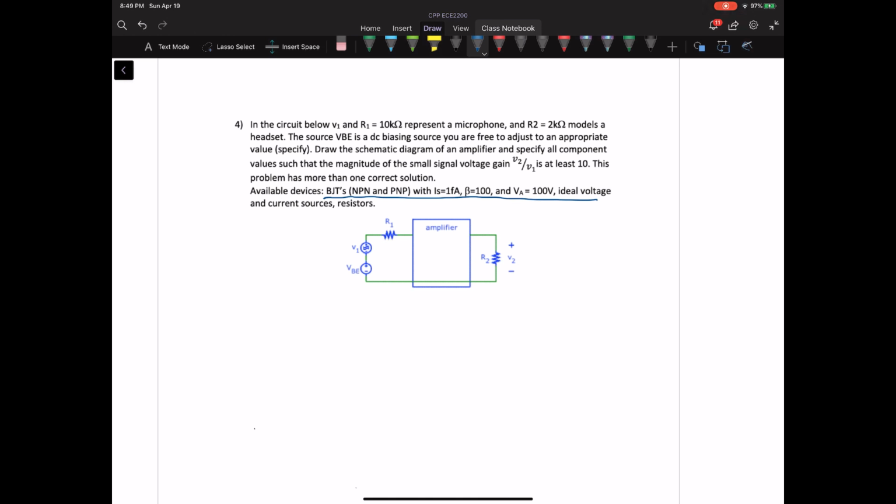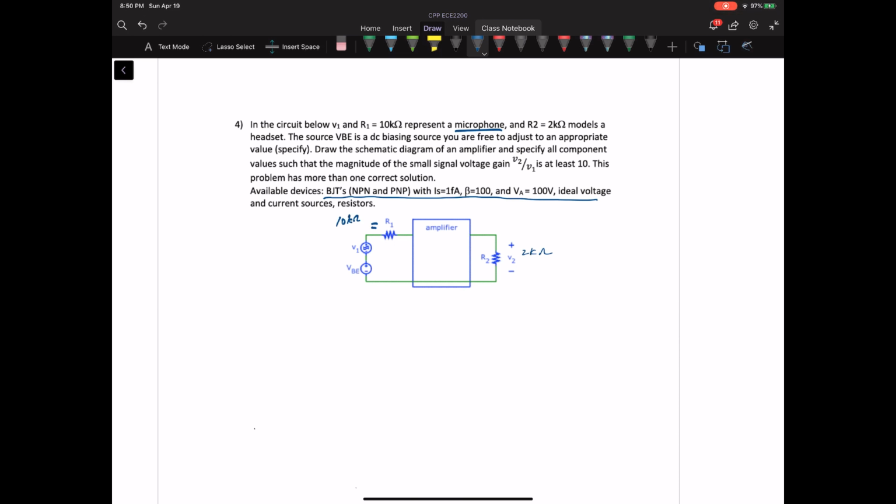It's supposed to interface with a microphone, our favorite input interface. And that microphone has a certain input resistance, which is 10k ohm.